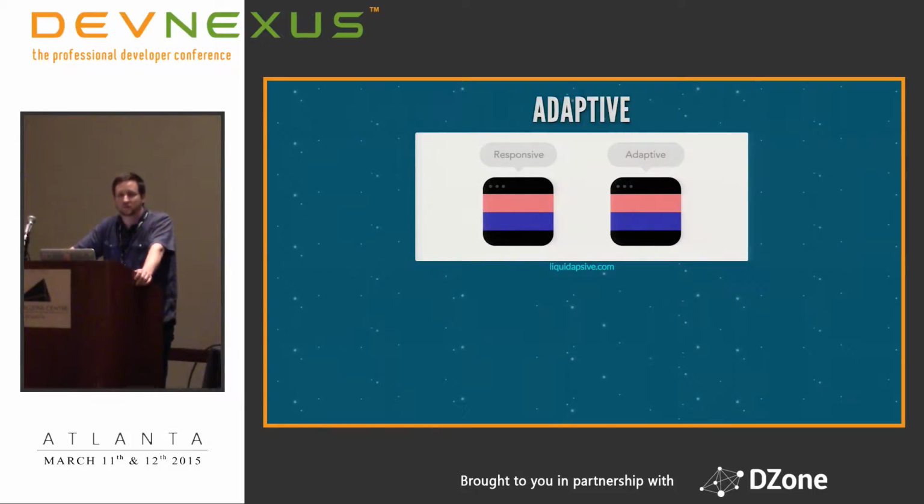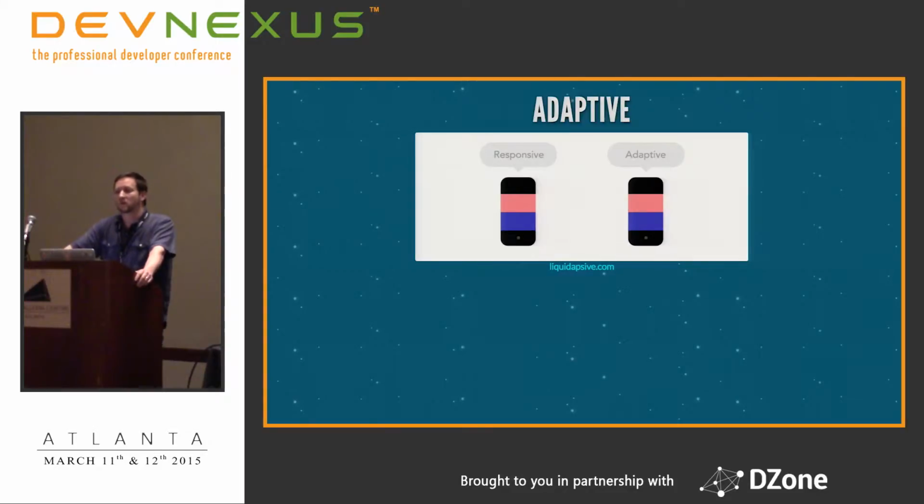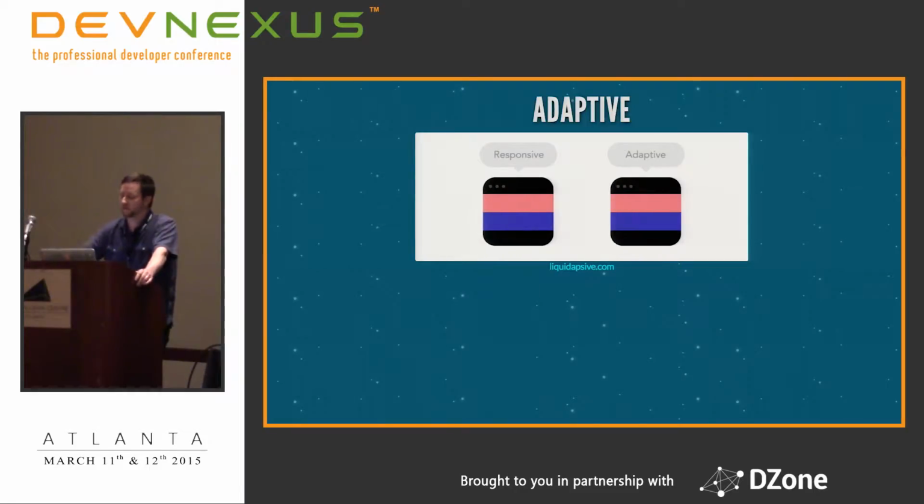There are still many sites out there that use just adaptive. They feel that for the users visiting their site, they only need a couple of breakpoints, and with media queries they'll just scale and snap as the browser is resized.